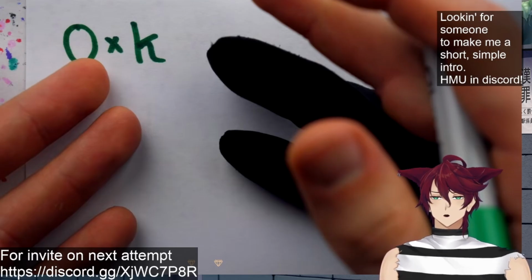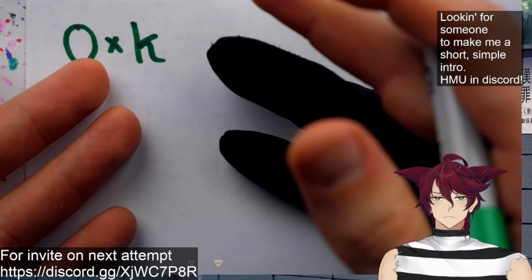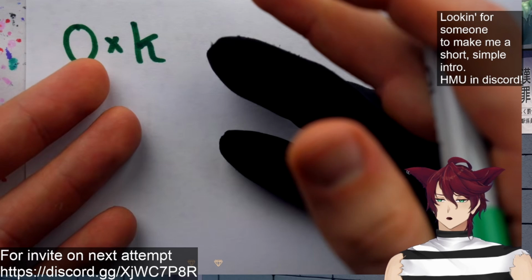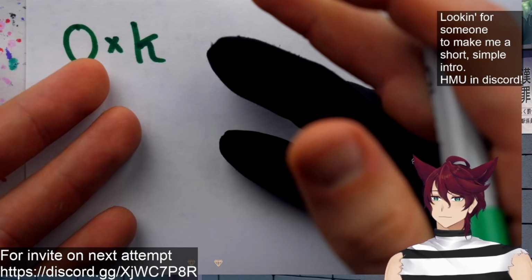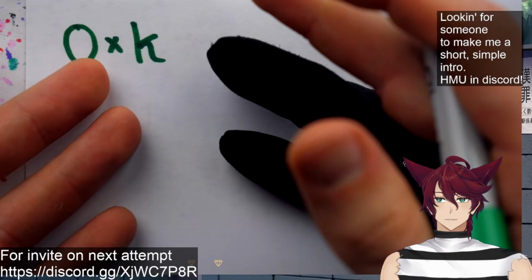How do we want to prove it? Let's suppose k is some real number.